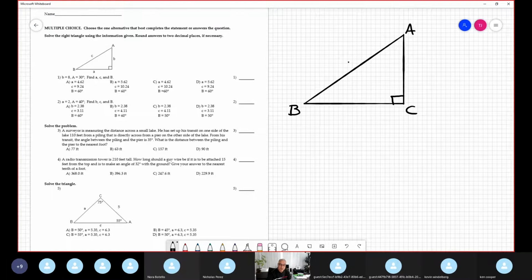Then the information given is capital A is 30 degrees. One more piece of information is given: B is 8, a linear unit, maybe centimeters. And that's it, no more. You need to find the rest of the angles and the sides.